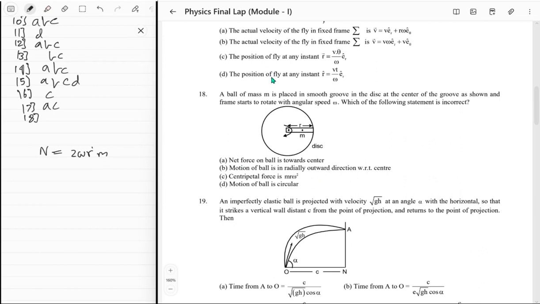It can be this xy frame or it can be the r hat t hat frame. I don't know, yaar. Centripetal force is m r omega square. Actually, there is no centripetal force in this at all, right? Motion of ball is circular. No, in this frame it's not circular.